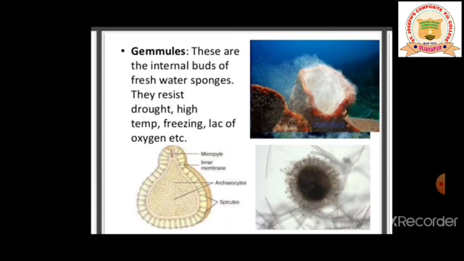So in the case of sponges, you are going to see a special asexual reproductive structure, we call it gemmules. They form internally and get protected because they can become resistant to drought, high temperature, freezing, lack of oxygen, etc. So sponges produce gemmules on their body.